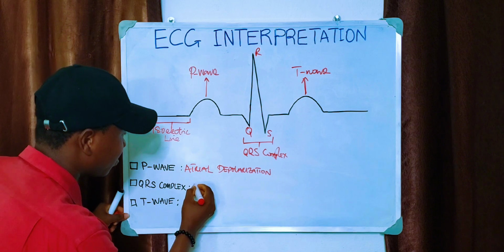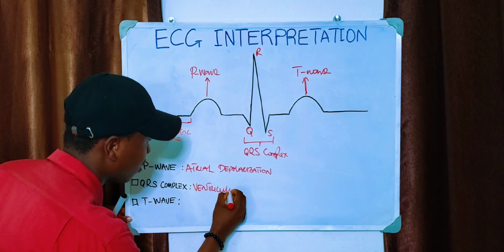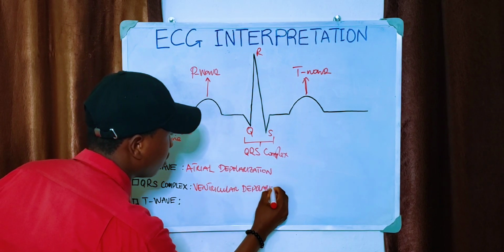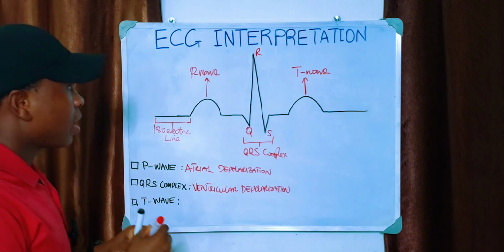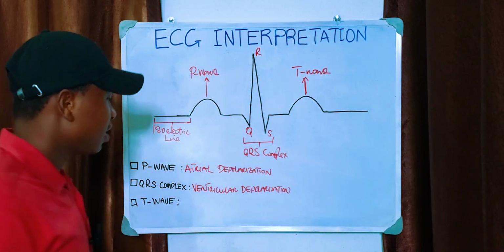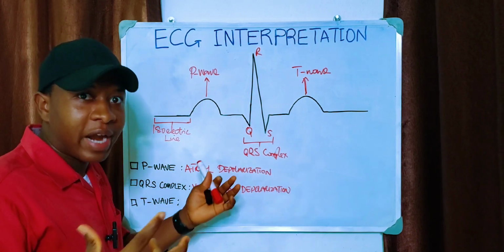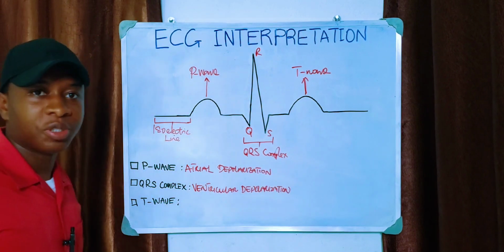So let's write that down: ventricular depolarization. Now, the T wave, what does it stand for? The T wave stands for ventricular repolarization, because it's trying to repolarize, coming back to the normal resting potential.